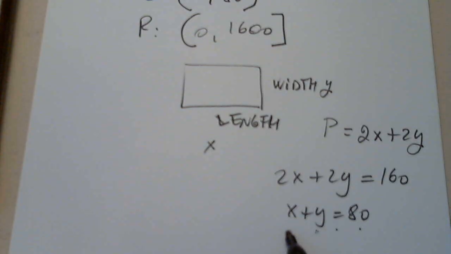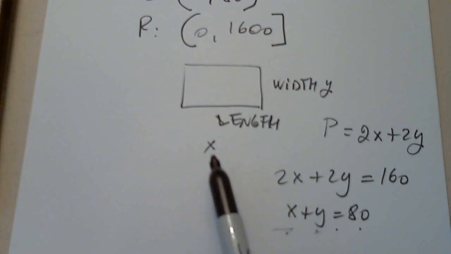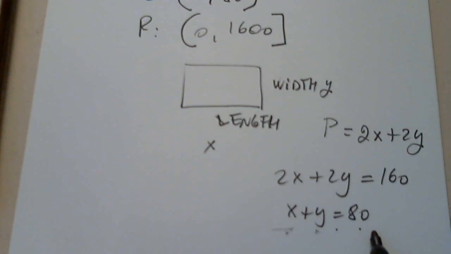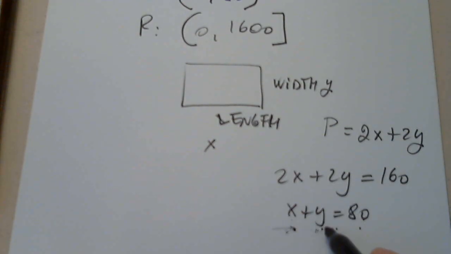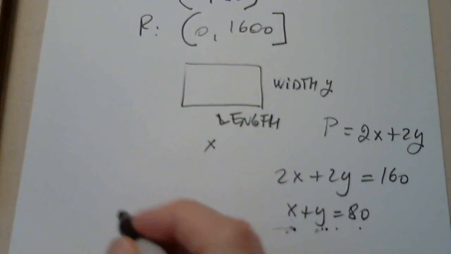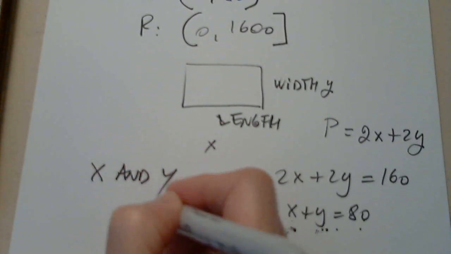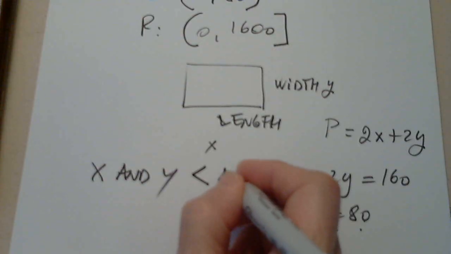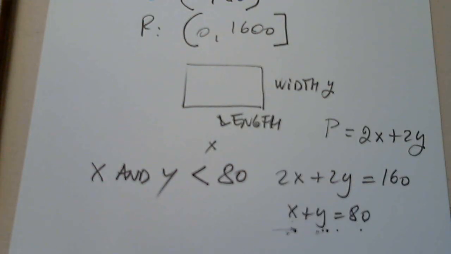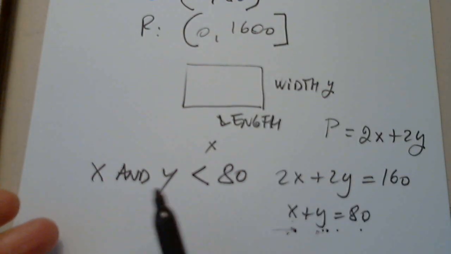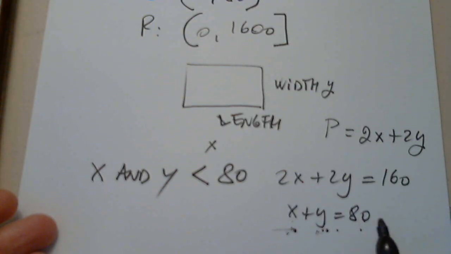Of course, both of them, the length and the width, have to be less than half of the perimeter. Because if this is half of the perimeter, then y is 0. If this is half of the perimeter, which is 80, then this is 0. So both have to be less than. X and y have to be less than half of the perimeter. Because if any of them is half of the perimeter or more, we don't have a window.